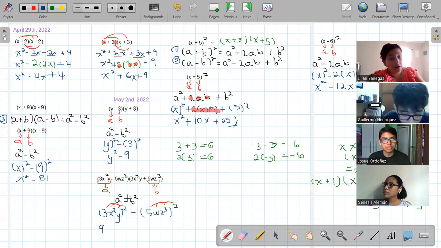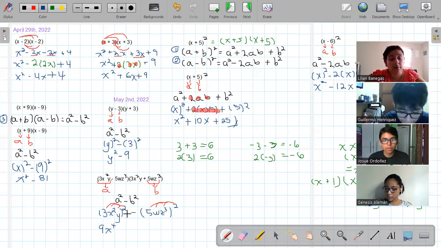And remember, power of a power. So x squared to the square, how much is that? X to the fourth power. Because I multiply 2 times 2, because that's a power of a power, so I get a 4.